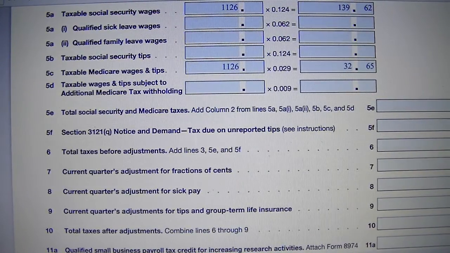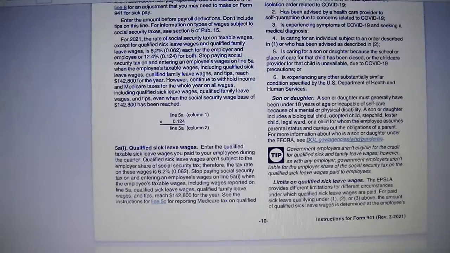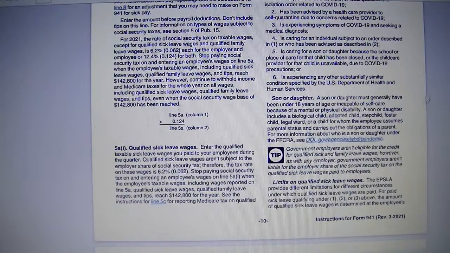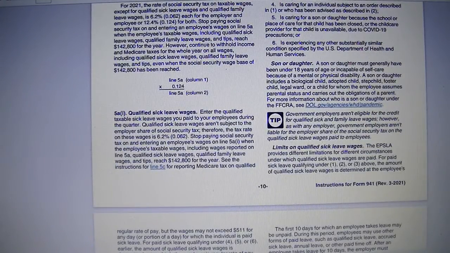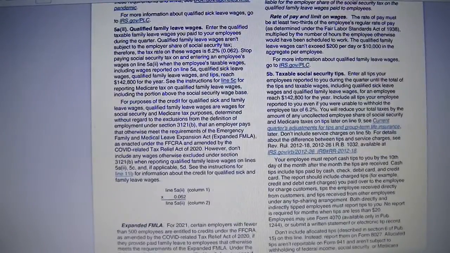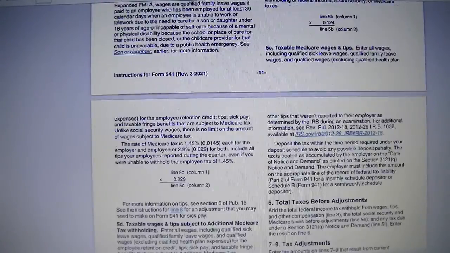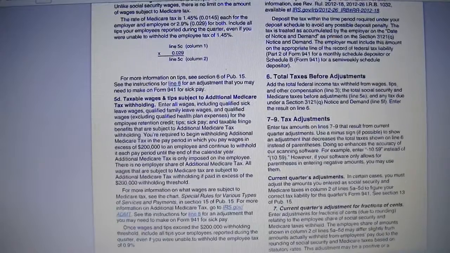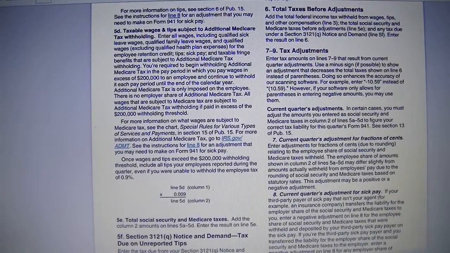So you will find information on it in the instructions for Form 941, page 12. Taxable wages and tips subject to additional Medicare tax withholding.